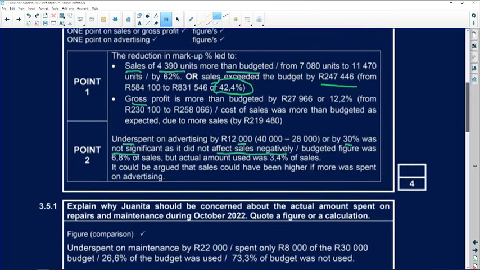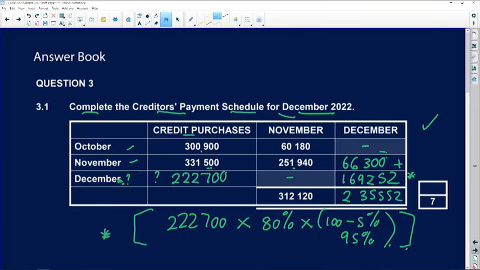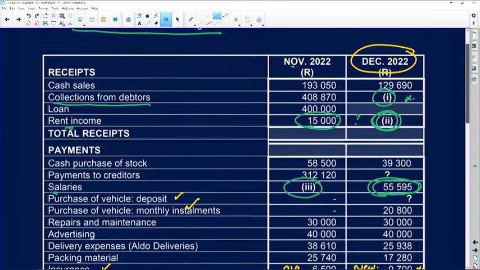The next question deals with repairs and maintenance for October. Once again, she's concerned about the actual amount spent on repairs and maintenance during October. Quote a figure or a calculation. So let's go back to our information and look at repairs and maintenance. Is there a concern?